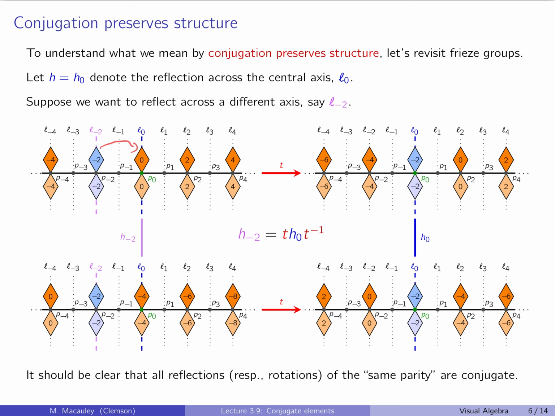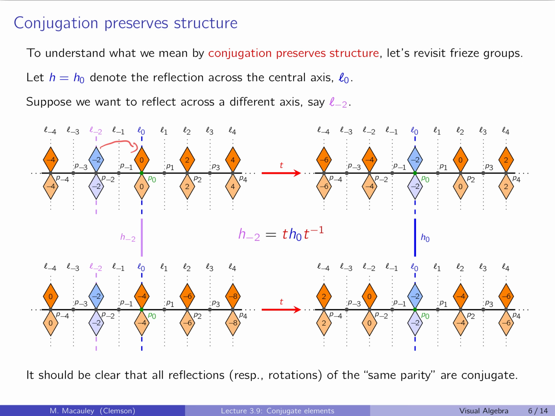Algebraically, this means that H minus 2, that reflection from here to here, is T H T inverse. Similarly, we can reflect across this axis, L minus 4, by doing T squared H T minus 2. And from over here, we can do T to the minus 1 H T.